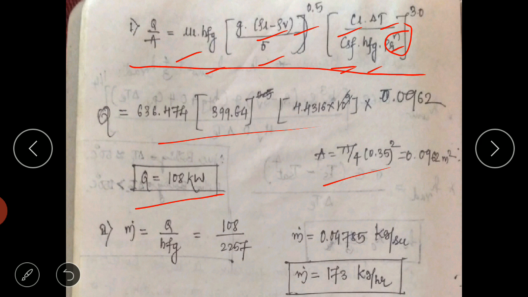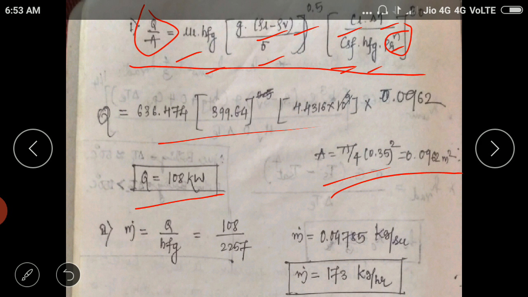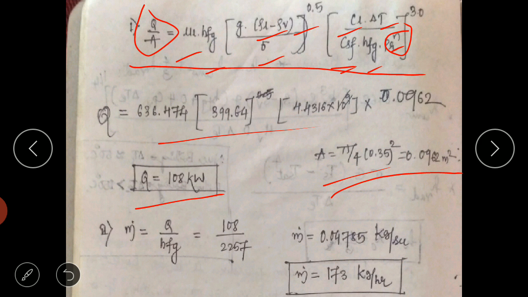By multiplying by the area which is calculated here, we will get the value of q. Why have we taken pi by 4 d square? If you take a surface, a pan, the heat transfer is taking place perpendicular to the pan, perpendicular to the surface.